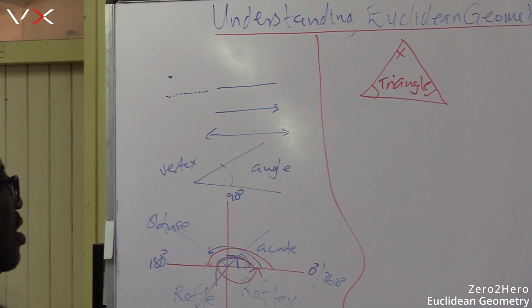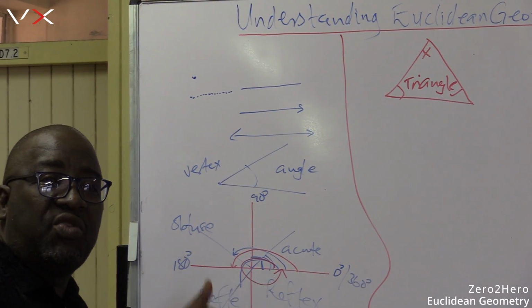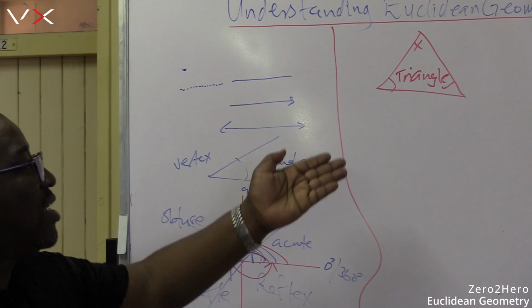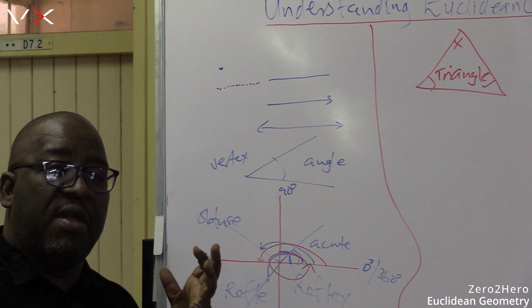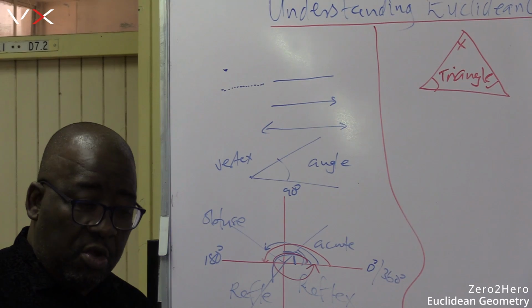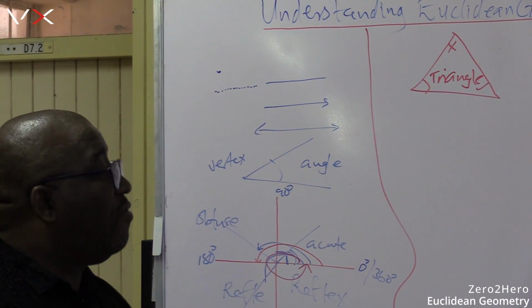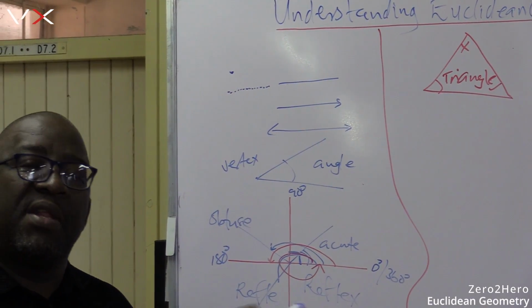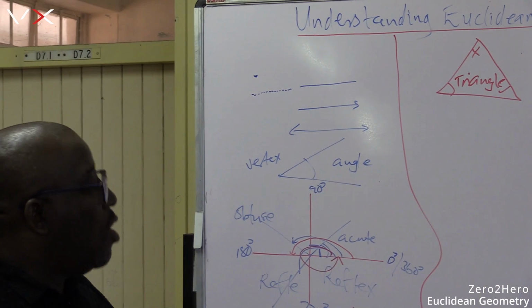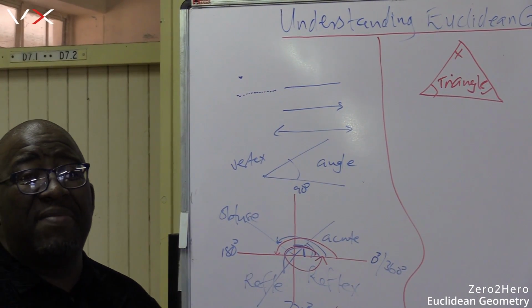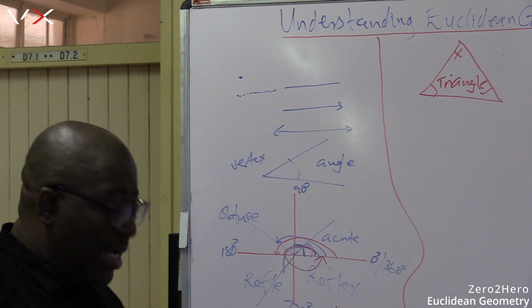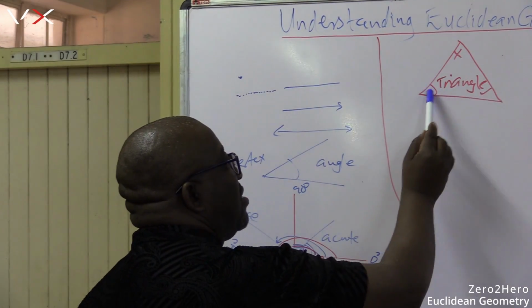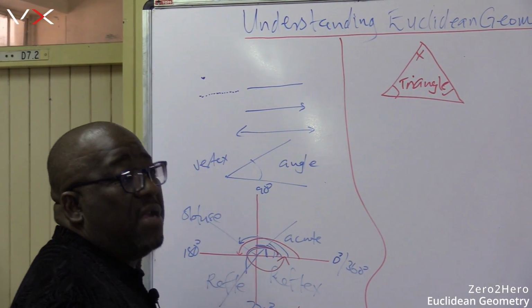Just like in angles, where we have 6 types of angles, so as well in triangles, we've got 6 types of triangles. It is one of the richest parts of our Euclid. It goes from grade 8 up to grade 12. It becomes a theorem in grade 12, things that deal with triangles. What's important there is the first theorem that you learn in triangles, that the sum of interior angles of a triangle is 180 degrees.